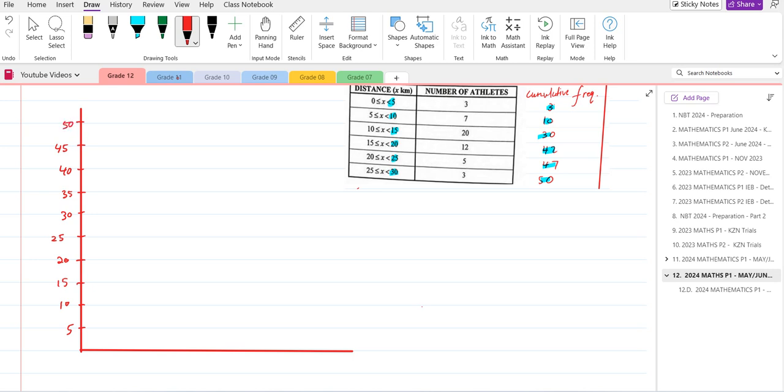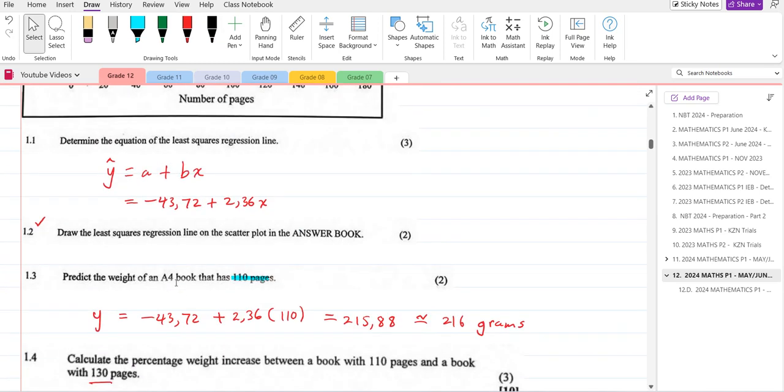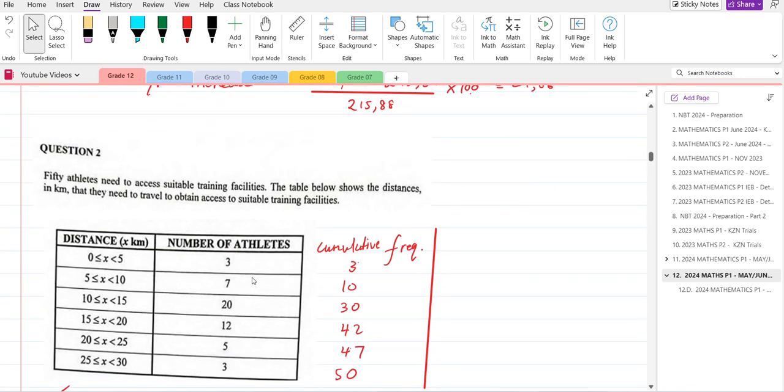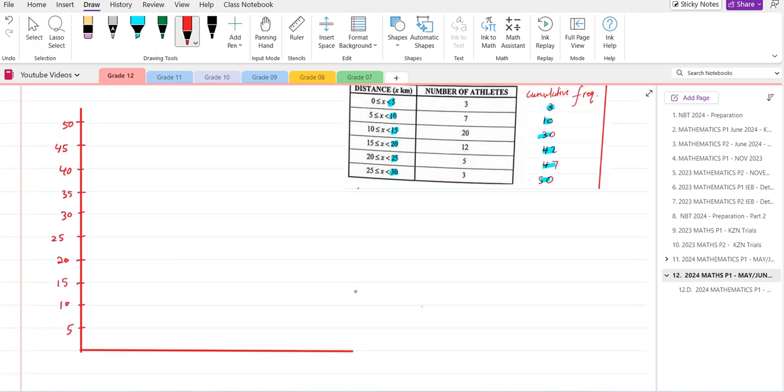How do we know we have to end off at 50? Because that's the y values, 50. So this is what you're going to put on the y-axis. You're going to put cumulative frequency. Let's write this down. This is the cumulative frequency.